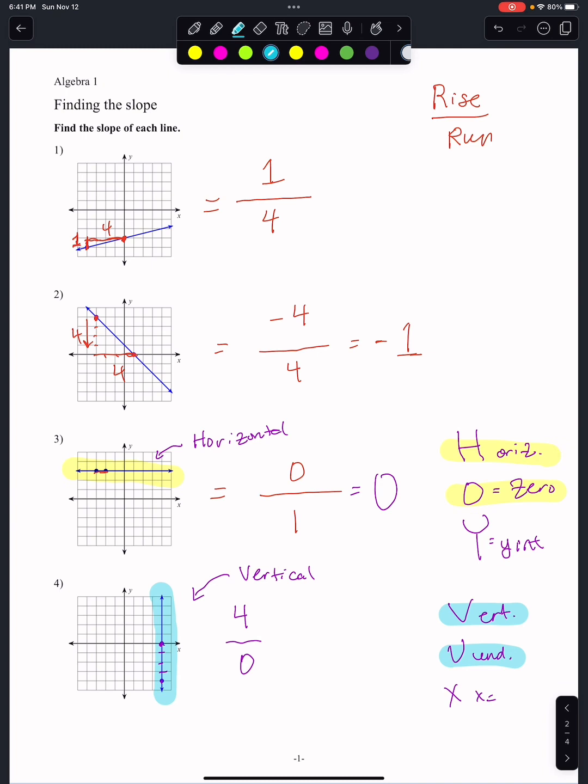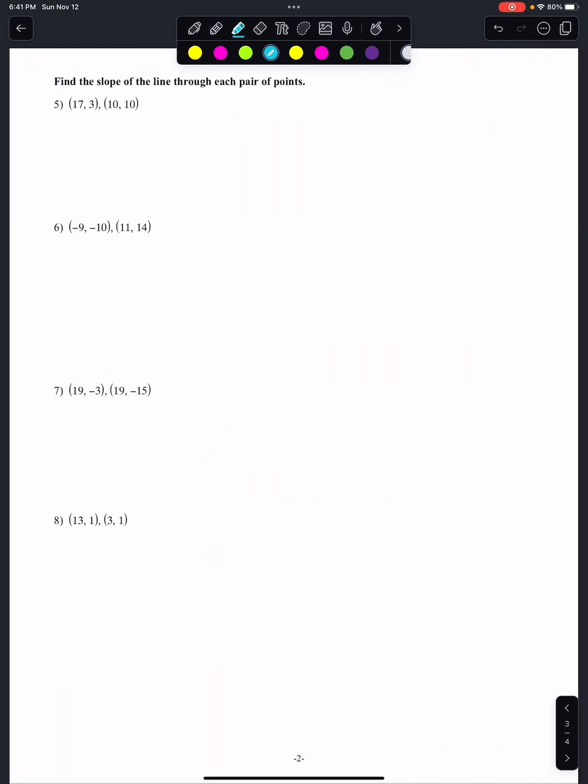If we have points, what happens if they just give us points instead of having a picture with the graph? Okay, this is where that formula comes in. And the formula is m equals y2 minus y1 all over x2 minus x1.